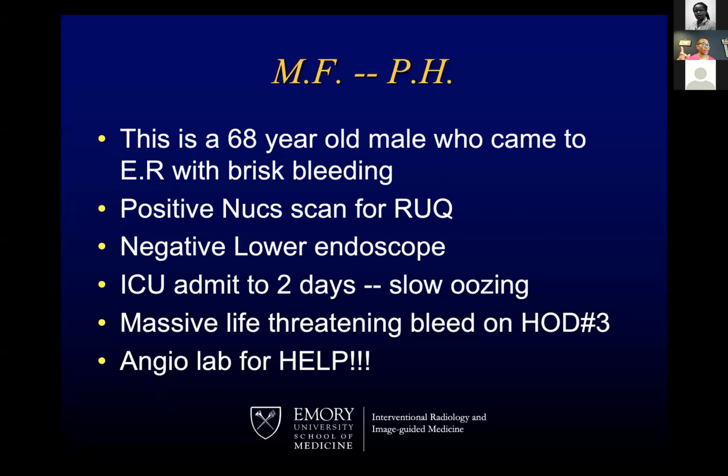Now I'm going to give you some more information. This patient had a negative colonoscopy, lower endoscopy. So now maybe this is something a little bit higher up, not in the colon, but they're just oozing to where now we're seeing this coming from the rectum.